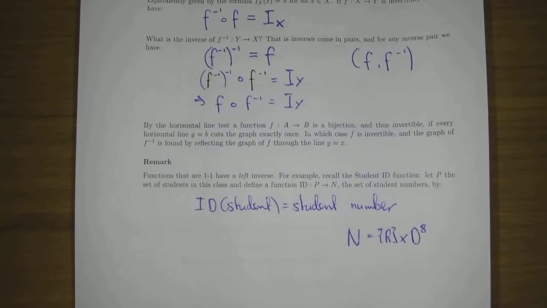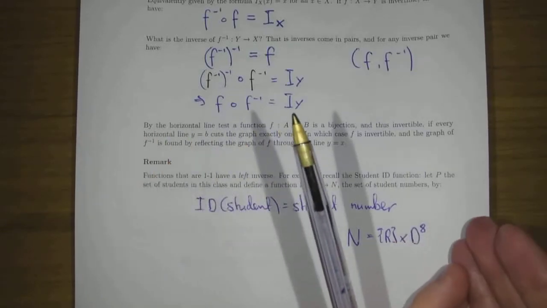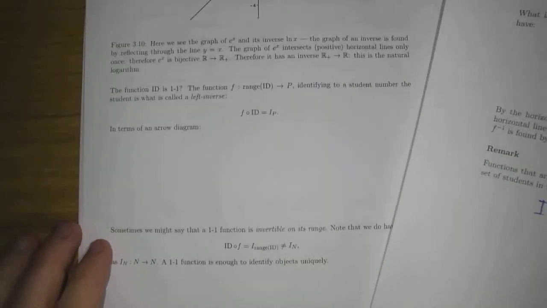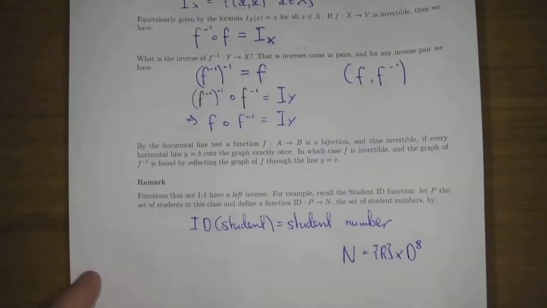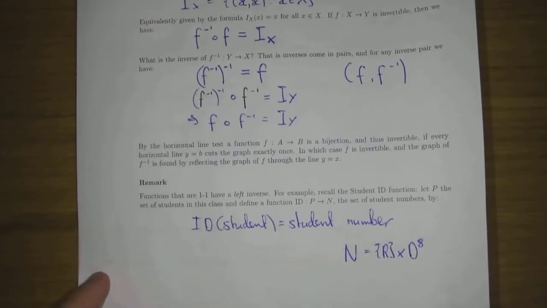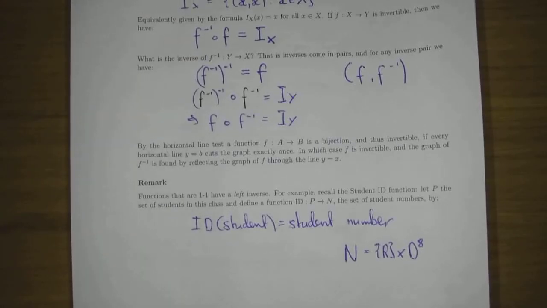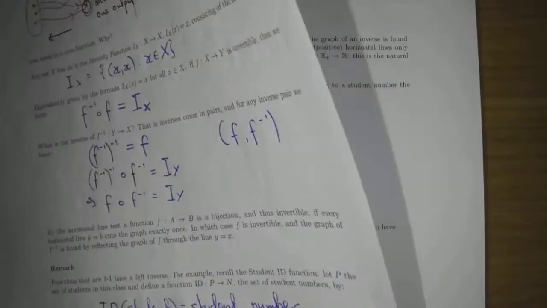But of course you still want to be able to take a student number and from it identify the student. So what we can say here is one-to-one functions are invertible on their domain. Now it's not a big deal in this module, but down the line, as long as you have a one-to-one function, you can invert it on its range.